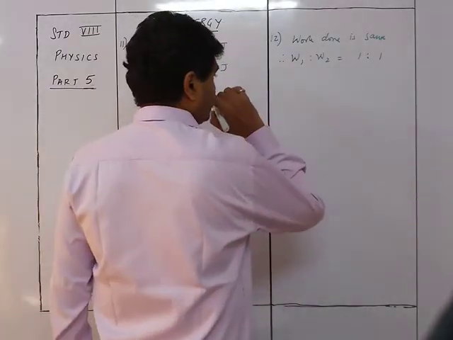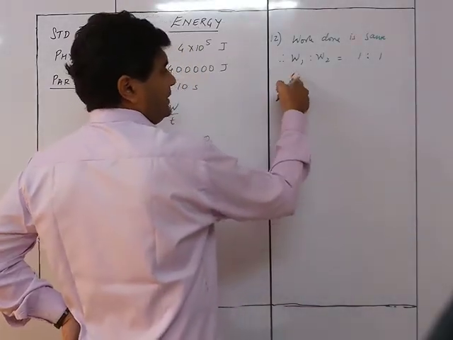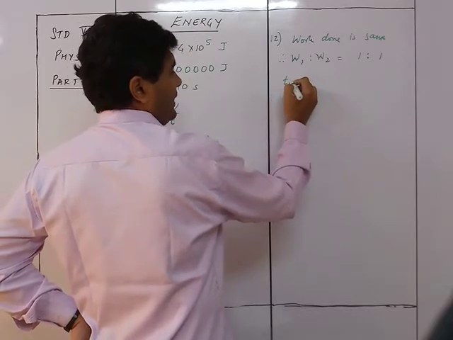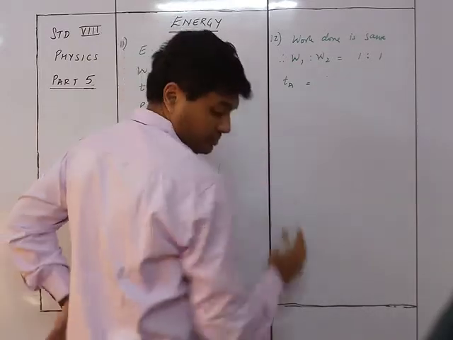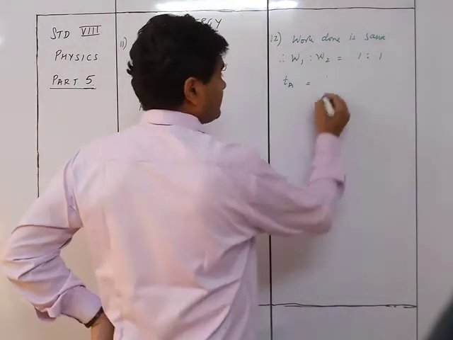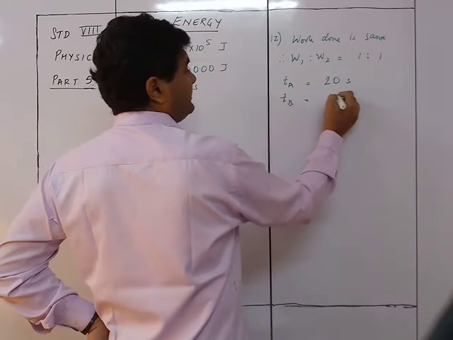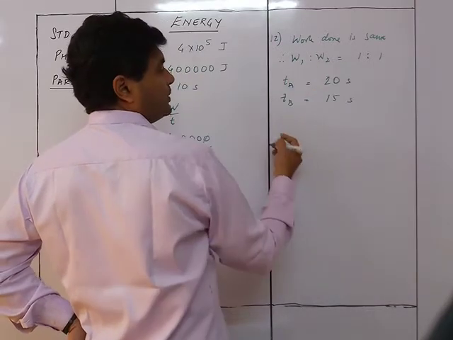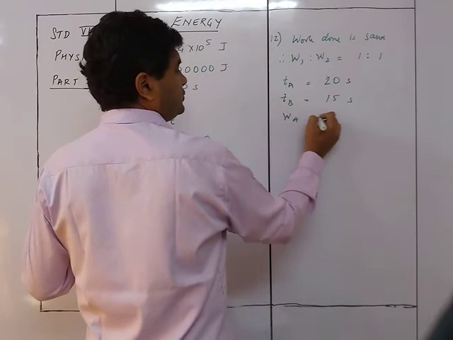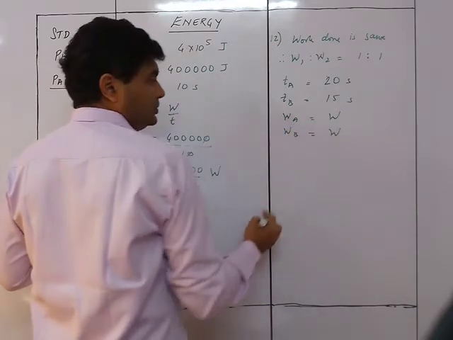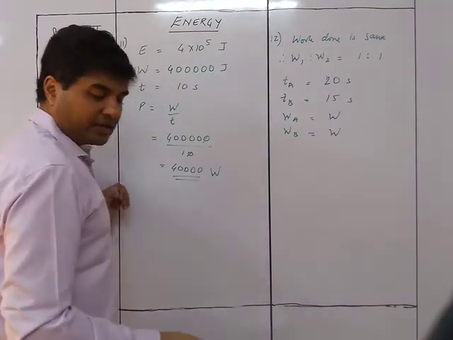Now we know that the time taken TA is given to you as 20 seconds, and TB is given as 15 seconds. Work in both cases, WA is equal to W and WB is equal to W. So we want to compare the power.